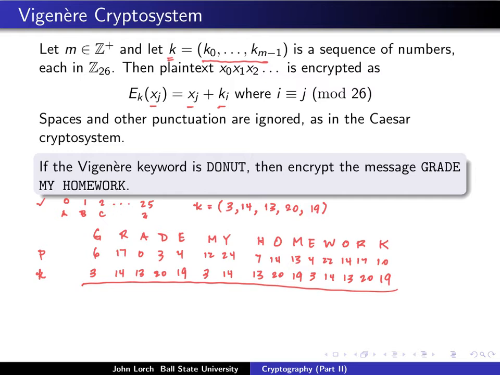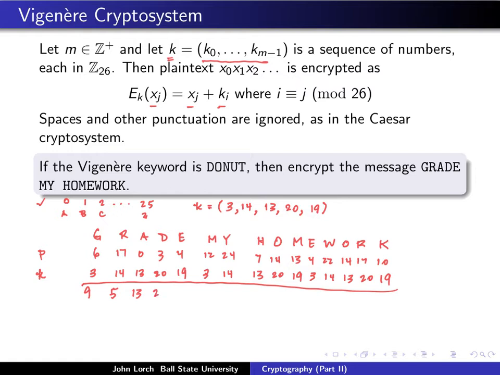To compute the ciphertext numbers, we simply add the plain text numbers to the shifts in Z26. So 6 plus 3 is 9. 17 plus 14 is 31, but that's equal to 5 mod 26. Then 0 and 13 is just 13.